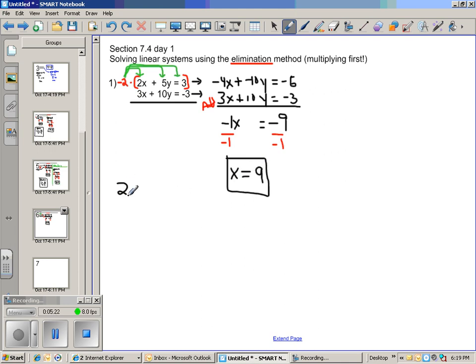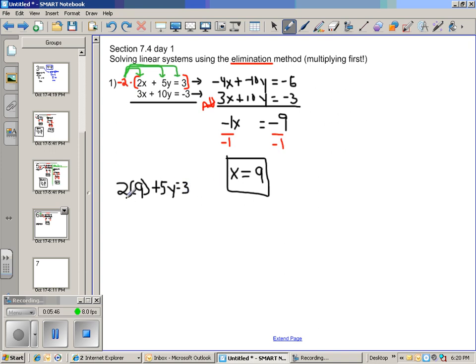Now our goal here is to find y. So replacing x with 9, 2x plus 5y is equal to 3.